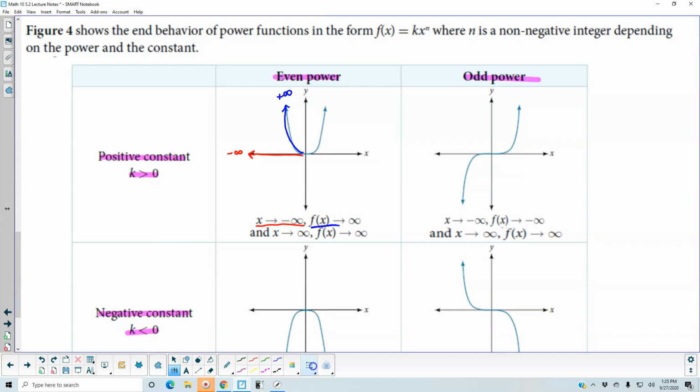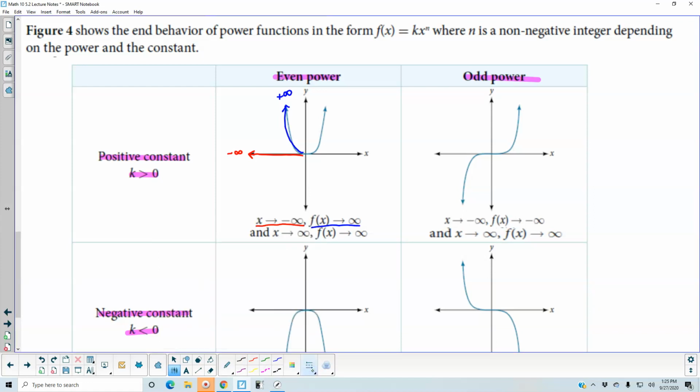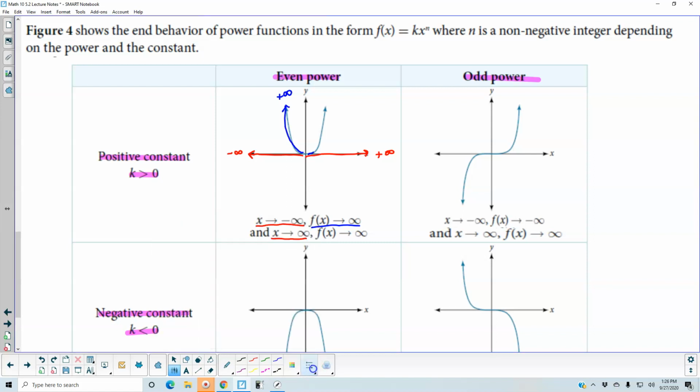So f of x is approaching positive infinity. Now on the right side of this graph, as x is approaching positive infinity, what is happening to the function itself? This graph is going towards positive infinity on the right side.